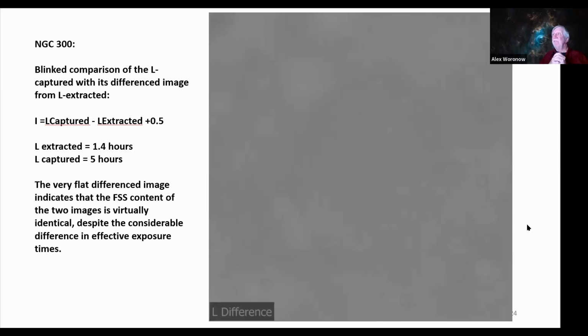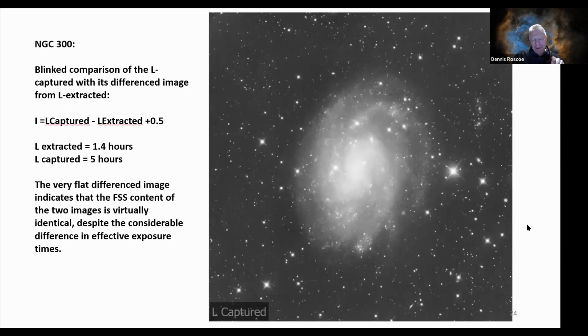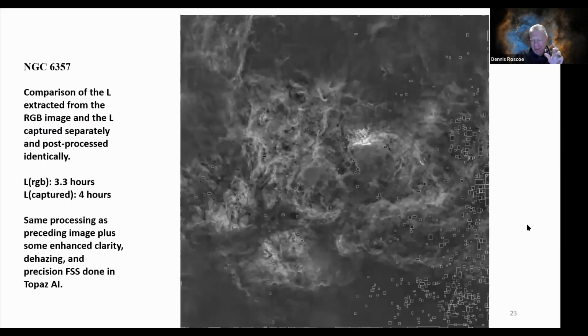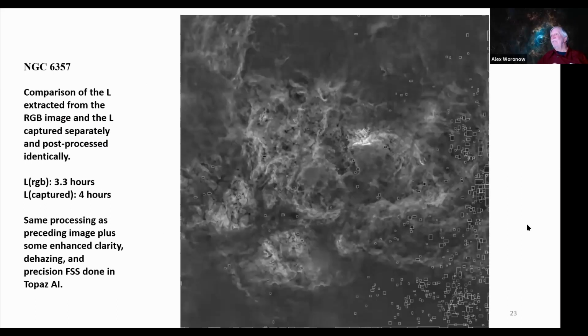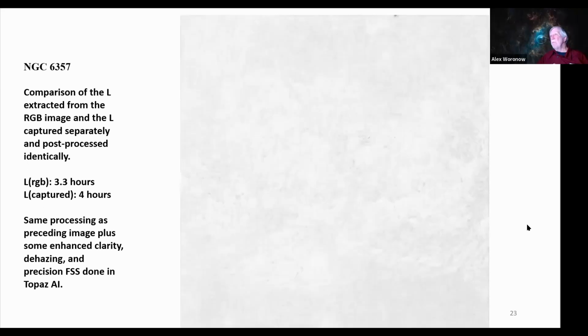Sure. Yeah. All right. So what we were just looking at was a nebula, right? Correct. And so was that done in broadband or narrowband? This is a broadband RGB nebula.